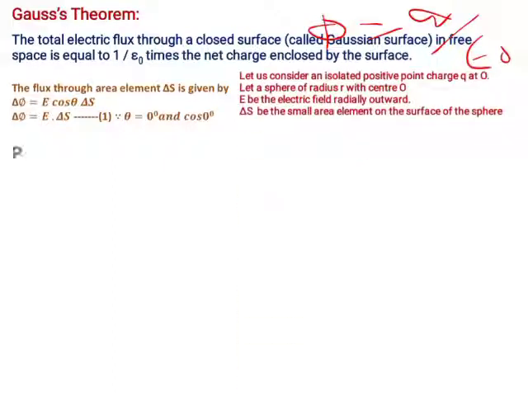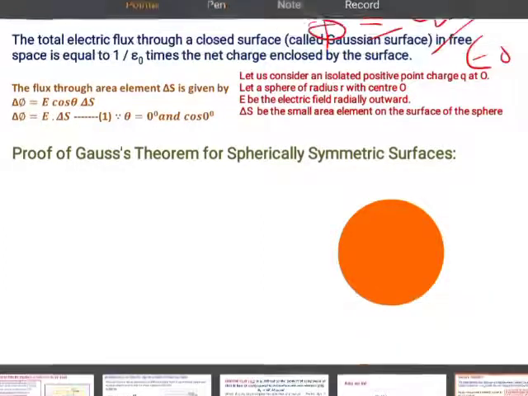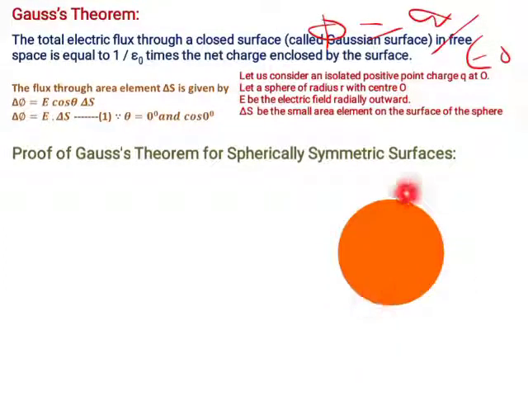Now let us consider one spherical symmetric surface. This is a proof of Gaussian theorem. Suppose we consider the spherical symmetric surface, with center point denoted by O, where a positive isolated point charge is kept.